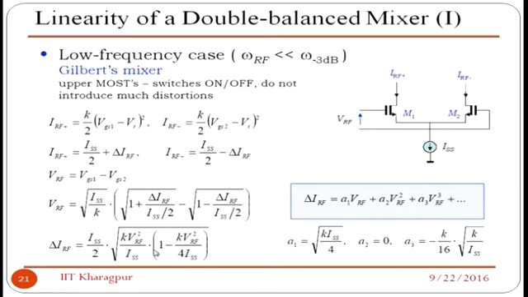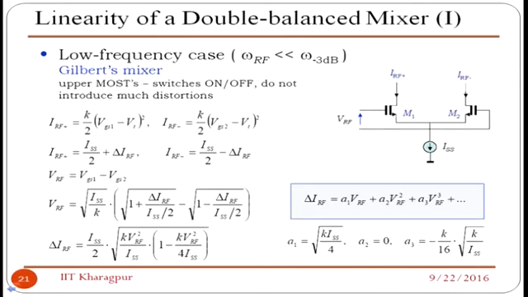So if you expand it to a polynomial, called polynomial fitting, then delta IRF can be expressed in terms of this polynomial: A1 VRF, A2 VRF square, and A3 VRF cube. Then I find the coefficients of this polynomial from these expressions, and that gives me A1 equal to K ISS by 4, and the even harmonic terms are cancelled, so the A2 term goes to 0, and then A3 equal to this.